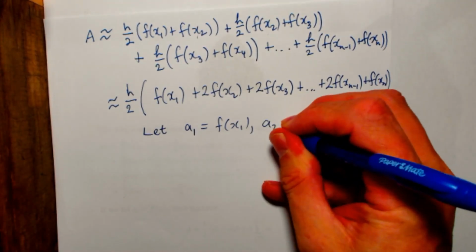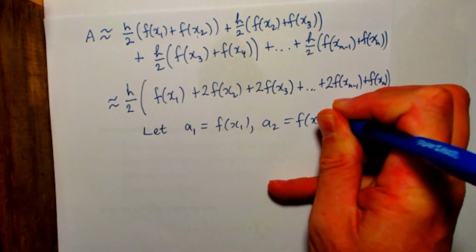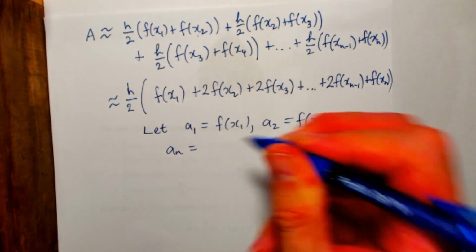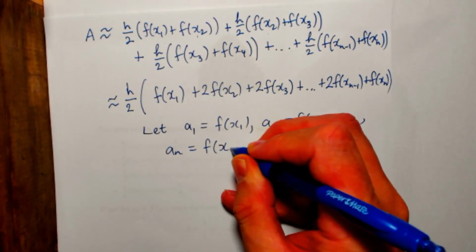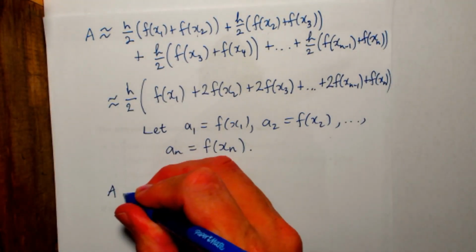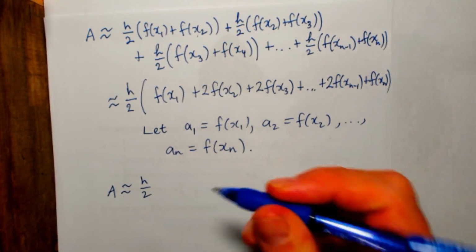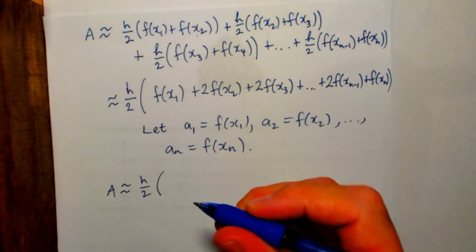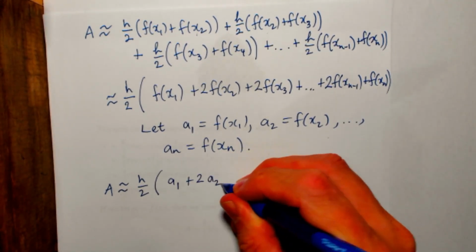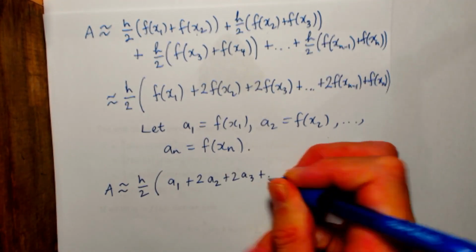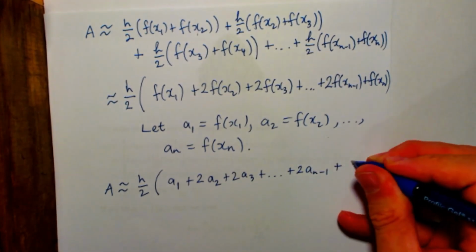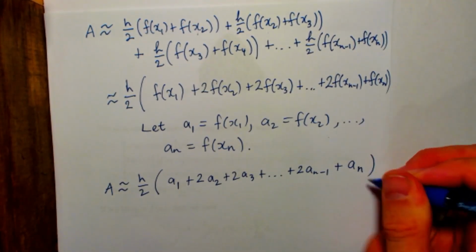Okay, let a2 be equal to f of x2, and so on, an be equal to f of xn, then what we're saying is A is approximately h on 2 times the sum a1 plus 2 a2 plus 2 a3 and so on, just like this.